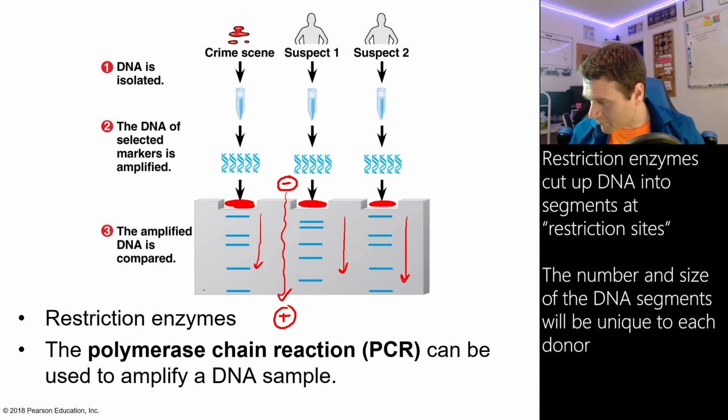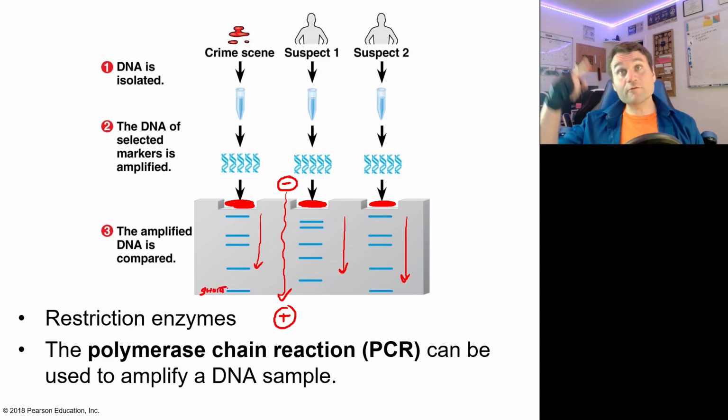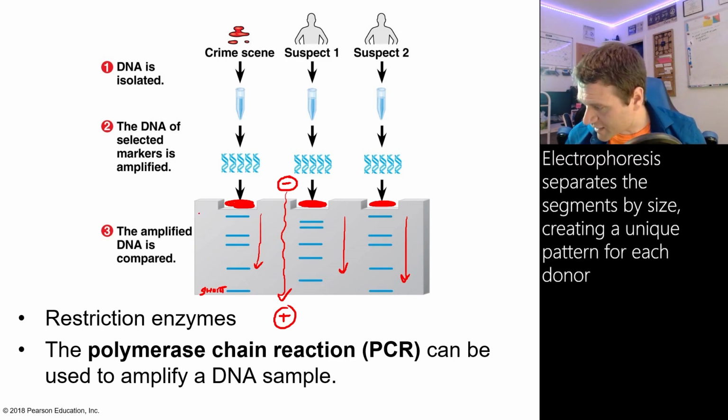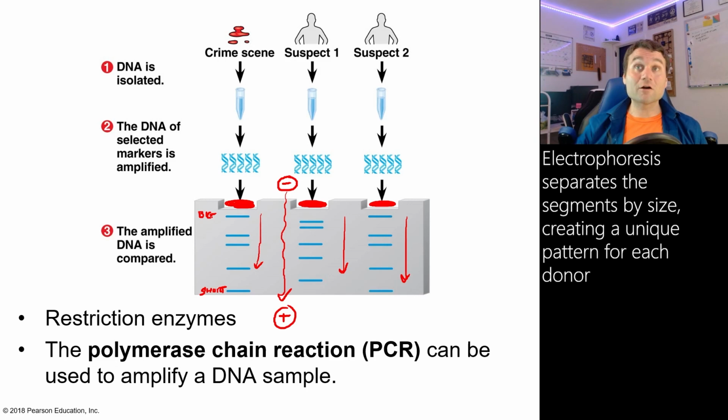So the shortest segments will move further down the gel, and the big segments will not move so far down the gel because they're getting caught in the protein fibers of the gel. So this separates all the tiny strands of DNA down towards the bottom, and it keeps all the big strands of DNA towards the top.